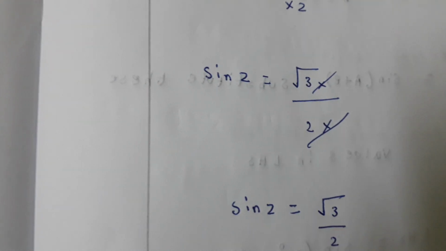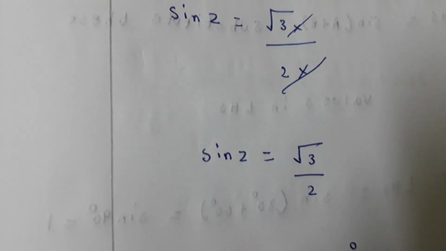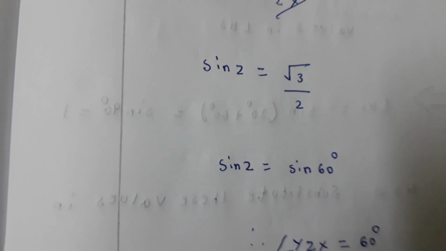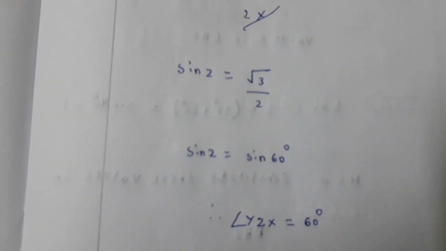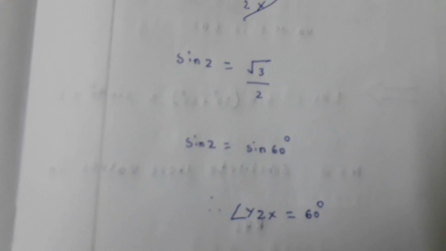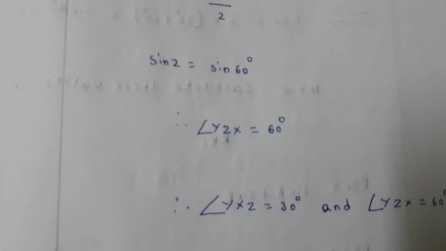Here also x will be cancelled one time, so we will get sin z is equal to root 3 by 2. Root 3 by 2 we can find in sin 60. So sin z is equal to sin 60. Therefore angle YZX is equal to 60. So angle YXZ is equal to 30 and angle YZX is equal to 60.